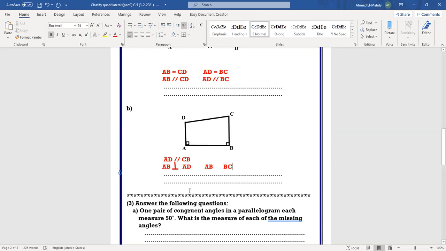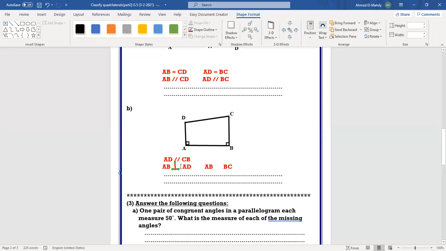They make right angles with it. So AB is perpendicular to AD and also AB is perpendicular to BC.